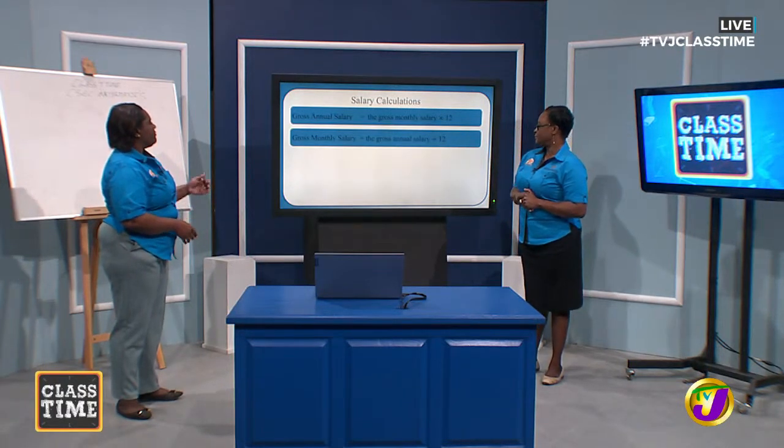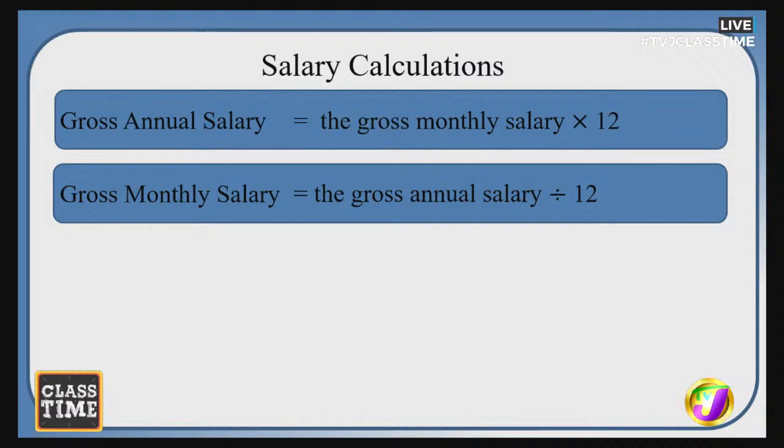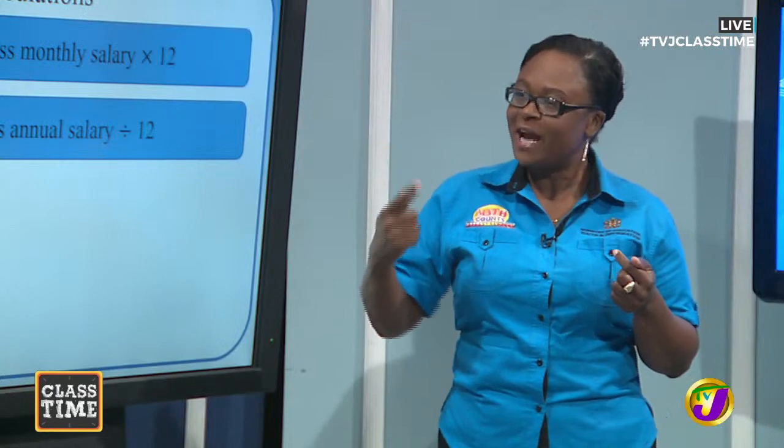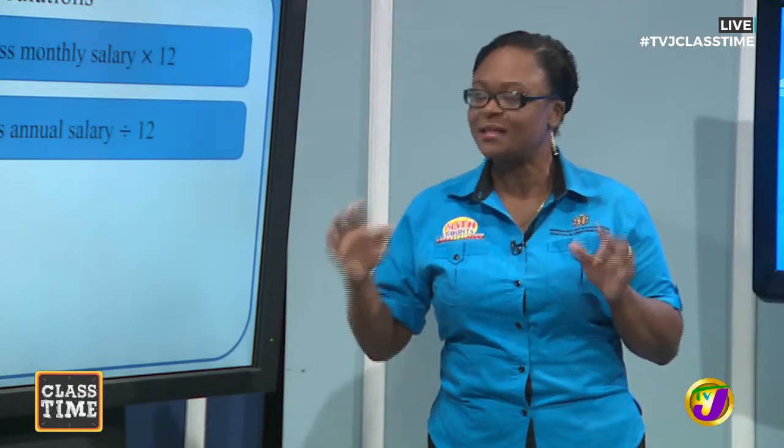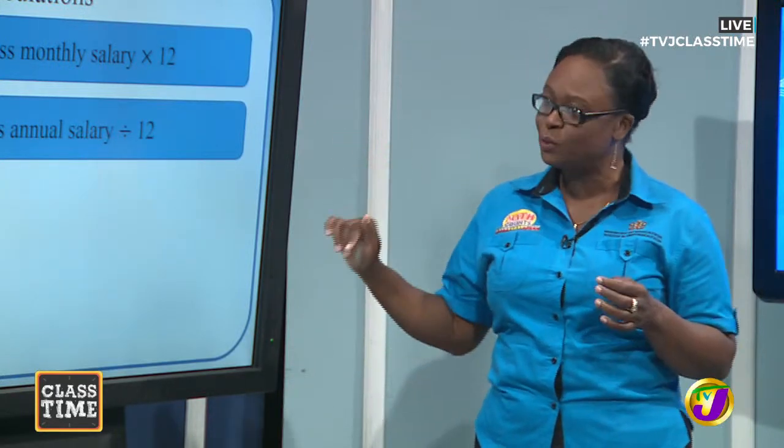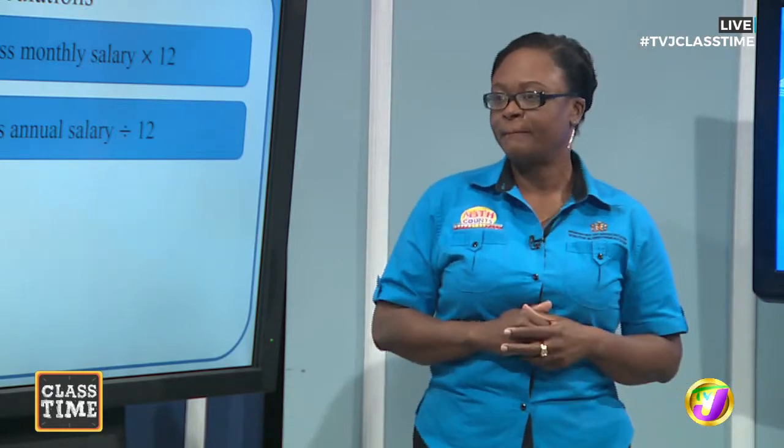The gross monthly salary is equal to the gross annual salary divided by 12. If annually I get a sum for the year, to know how much I would get per month, I divide by 12, which represents 12 months.